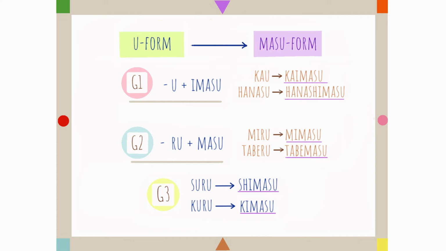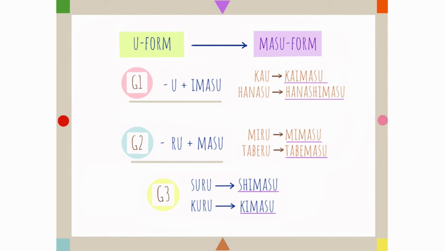Let's check how to change dictionary form to masu form. Group 1, dictionary form minus u plus imasu. For example, 買う、買います。話す、話します。Group 2, dictionary form minus る plus ます。For example, 見る、見ます。食べる、食べます。This is simple, isn't it?